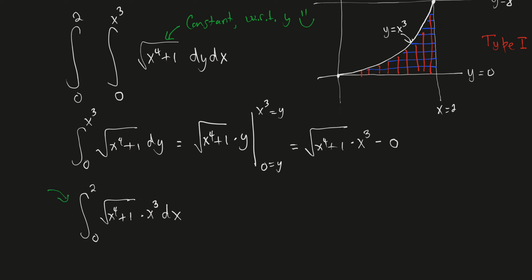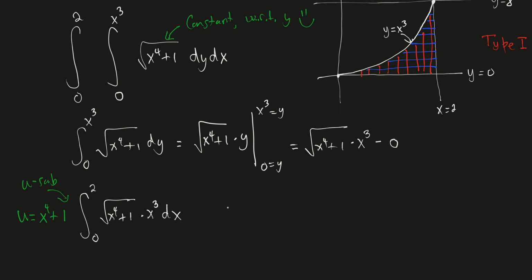So we're going to use a u sub, and the u that we're going to choose is everything under the square root, because I have an x to the fourth, and when I find my du, I'm going to get an x cubed, right? So our u is going to be x to the fourth plus 1. So now we actually have a path forward.